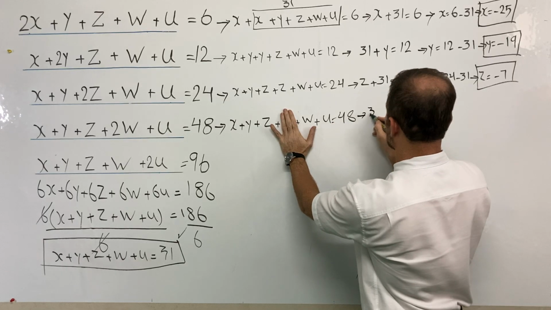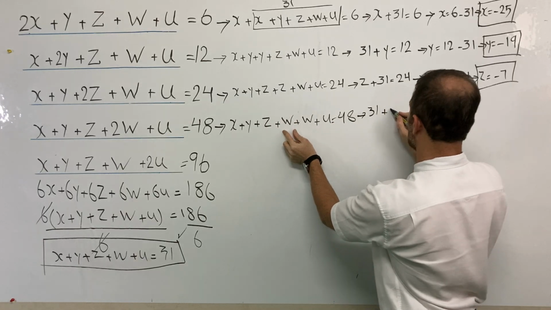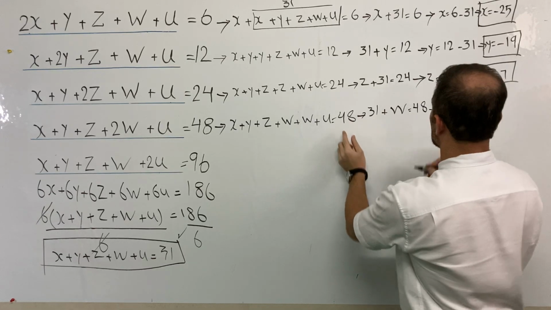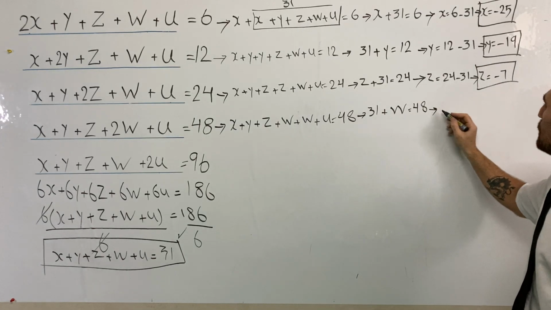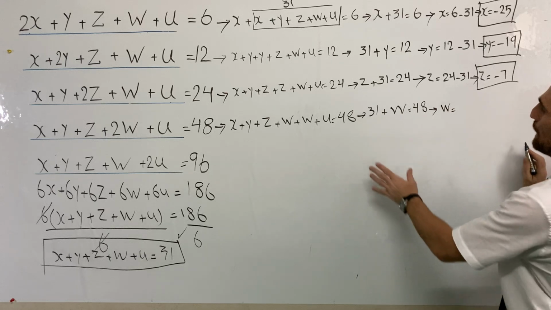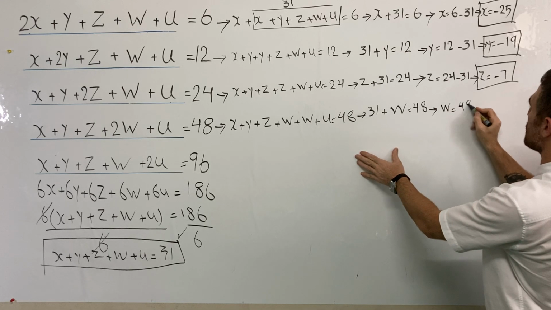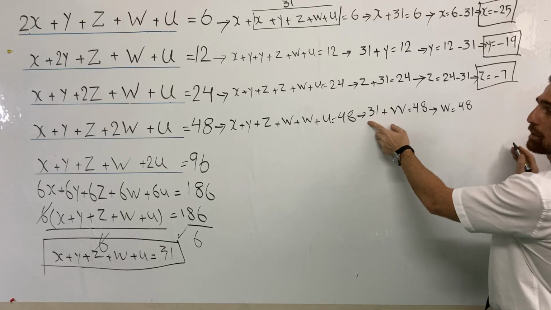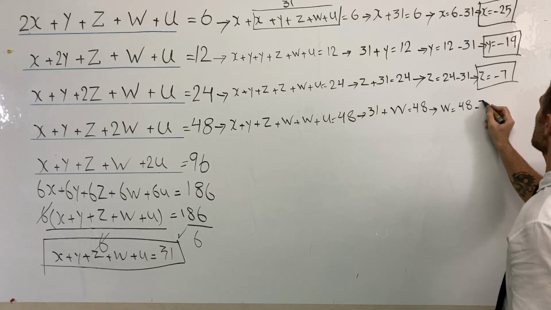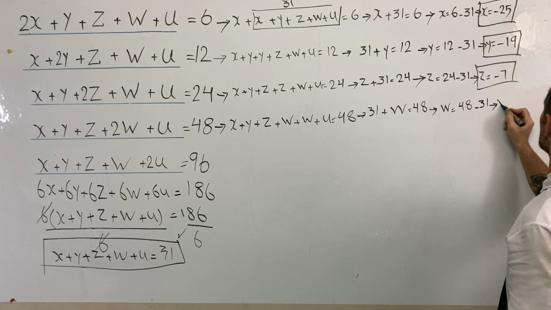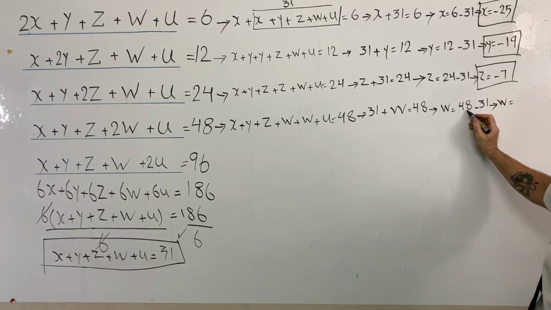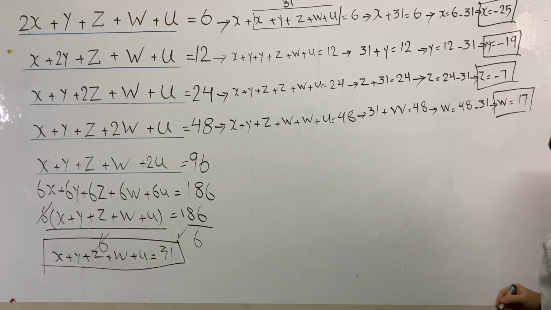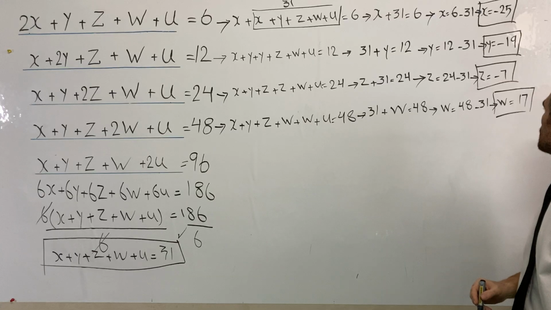Right, 31 plus this w equals 48. Now tell me, what is the value of w? Keep it left side, 48, transpose this 31 to the right side. Do not forget, change the sign, minus 31. So w is going to be 48 minus 31 or 17. And this is the value of w.